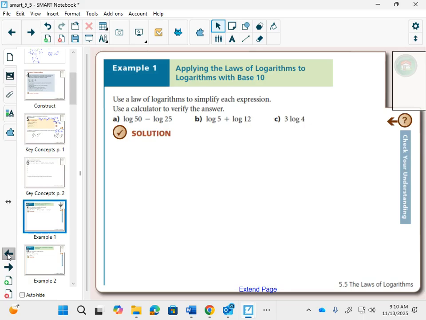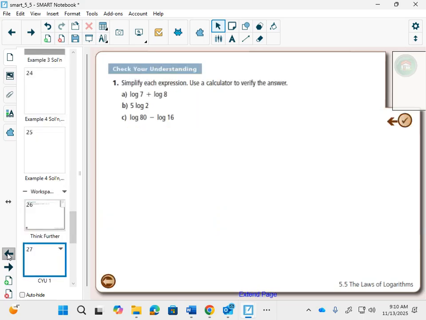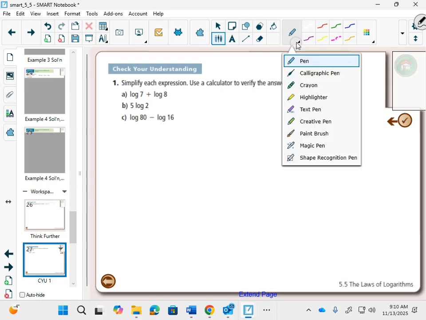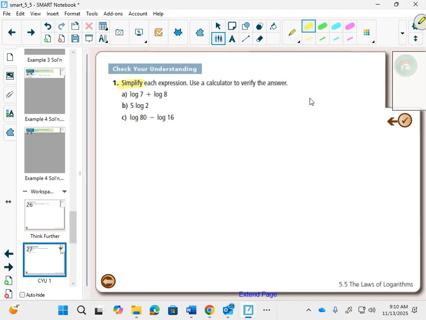Example number 1. Take out your highlighter. I want you to highlight that simplify, and we'll define what simplify means for logarithms. In all of your log laws, the left-hand side is considered the simplified side. The right-hand side is considered the expanded side.